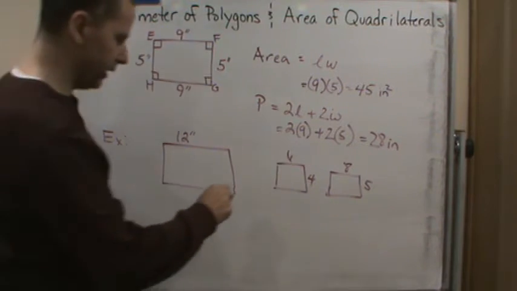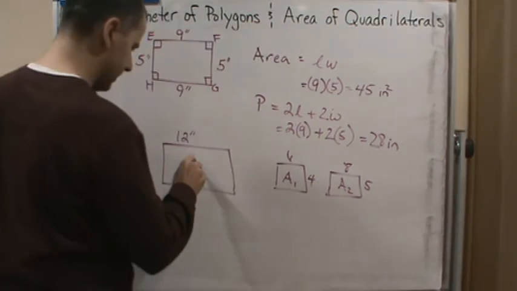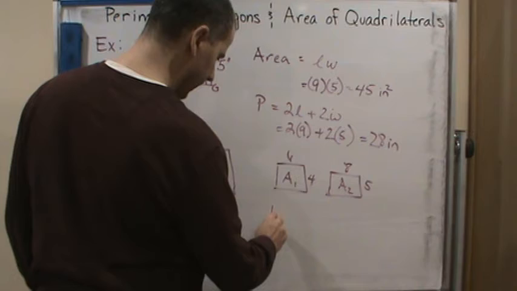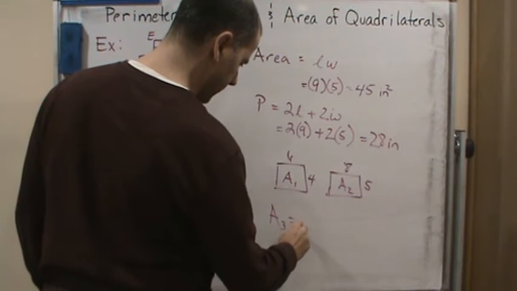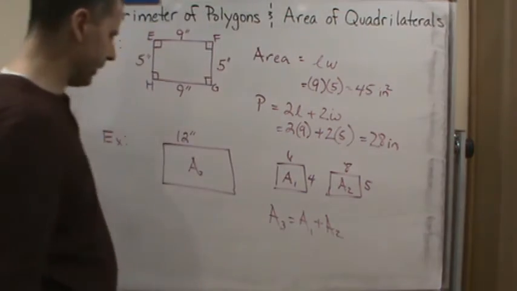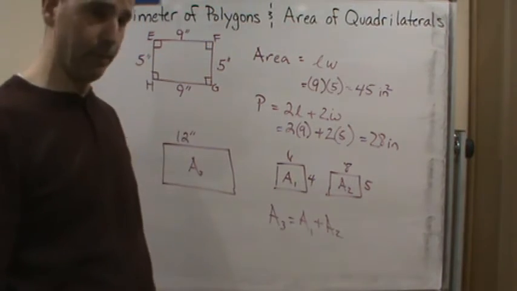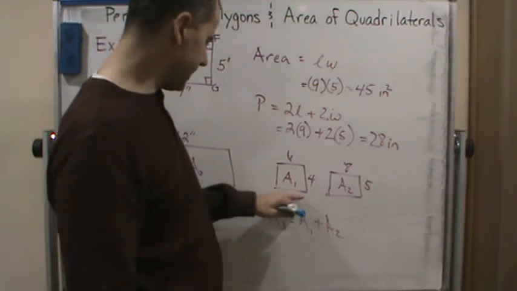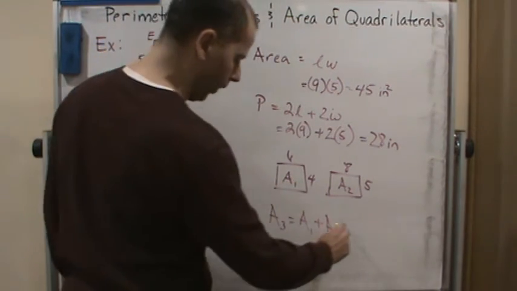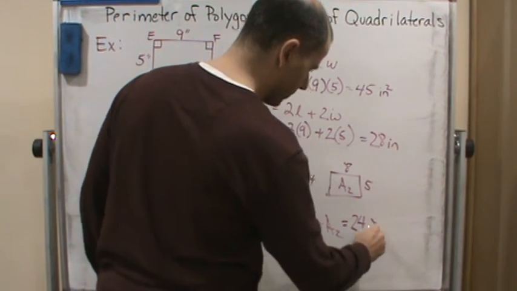Let's call this area 1, this area 2, and this area 3. What we're told is that area 3 must be equal to area 1 plus area 2, right? This area has to be equal to both of these areas combined. So A1 is 6 times 4, which is 24 square inches.